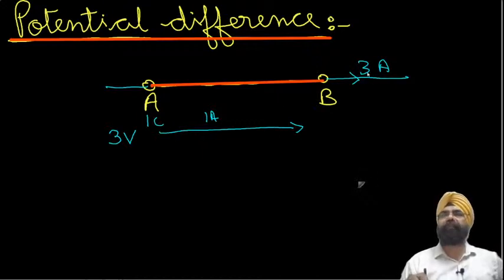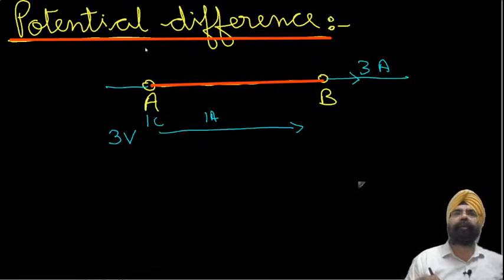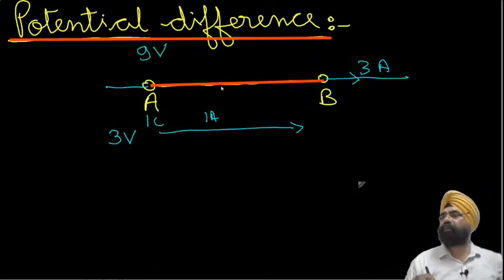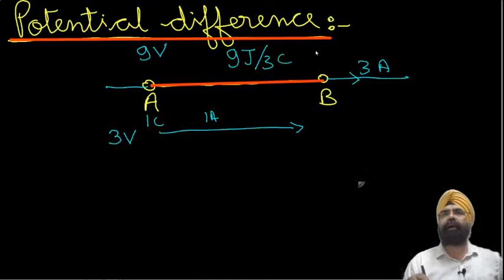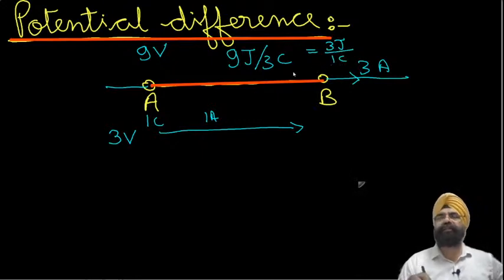So if 3 amperes have to flow, then what is the potential difference which should be between these 2 points? For each coulomb it is 3 volts, which means the total potential difference should be 9 volts. Understood, everybody? So 9 joules of work will have to be done to move 3 coulomb charge, which means for each coulomb I will be needing 3 joules of work. Got it? Yes, understood?